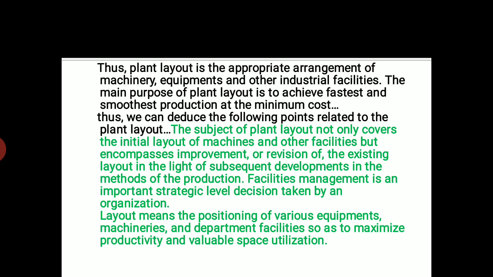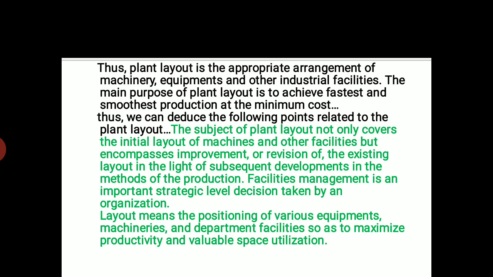So if it wants to have the manufacturing done with all these three efficiencies, that means it should be rapid, it should be smooth and convenient, and at the same time it should not cost you high, then what is important is to have the proper layout. That means layout is the internal designing of the factory or plant, which helps the manufacturer to produce things at the fastest rate with the smoothest convenience and at the lowest cost.